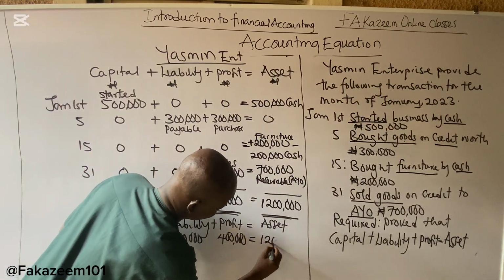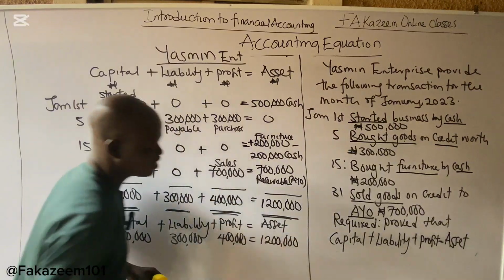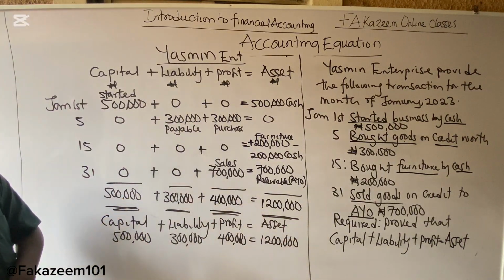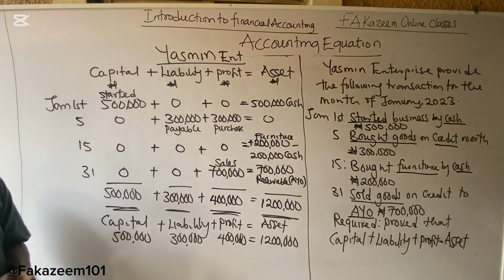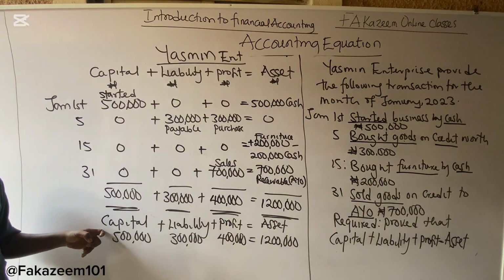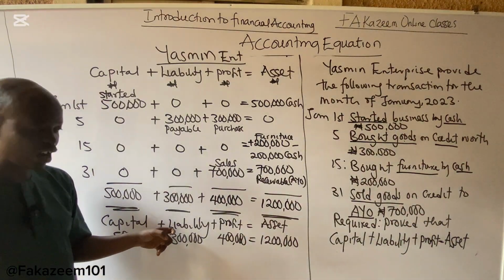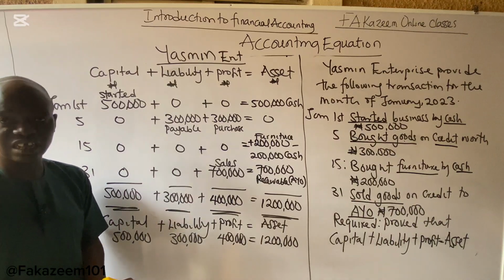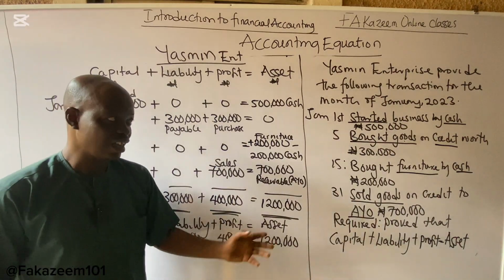Asset, 1.2 million. Without opening a ledger, without preparing a bulky financial statement, we are able to summarize the financial statement of Yasmin Enterprise, to get the amount of capital in that year, in that month, to get the amount of liability, and to get the amount of profit, and to know the total amount of asset.